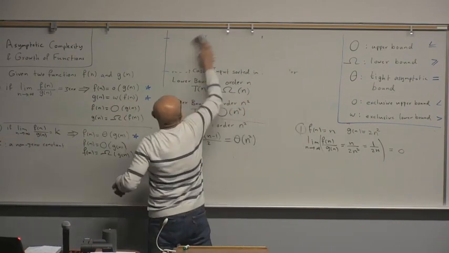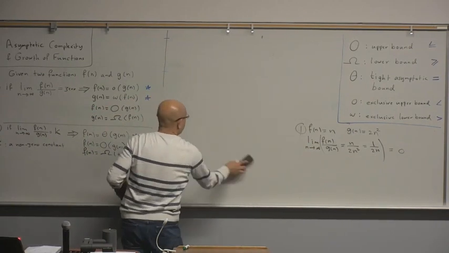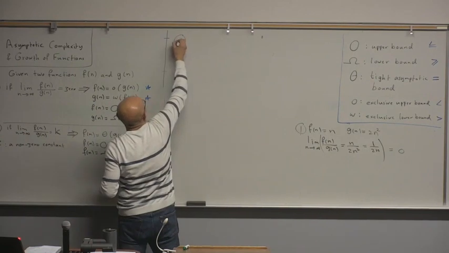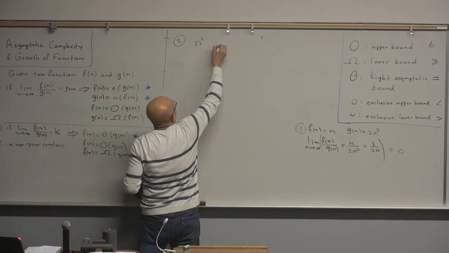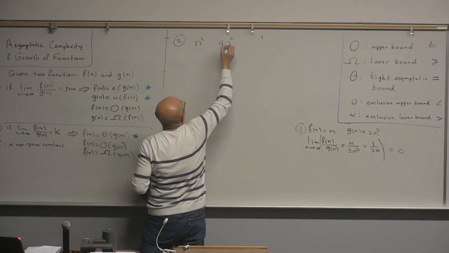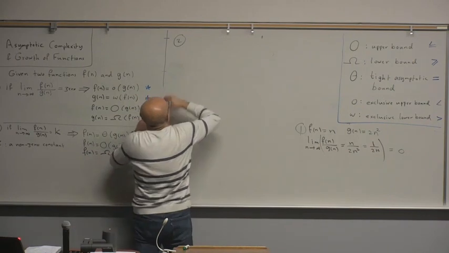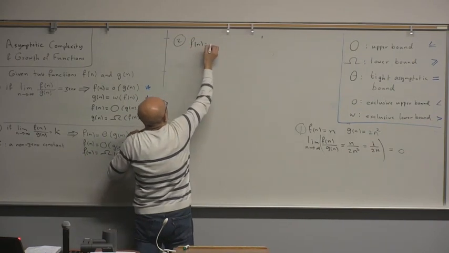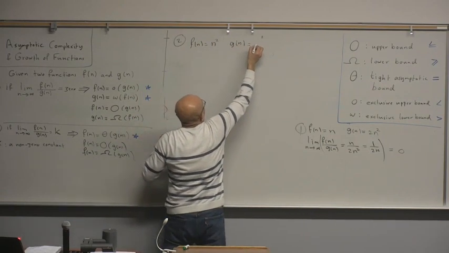An example of case 2 is just two functions of the same order, for example, n squared and 4n squared. Let's write it properly: f of n equals n squared, and g of n equals 4n squared.